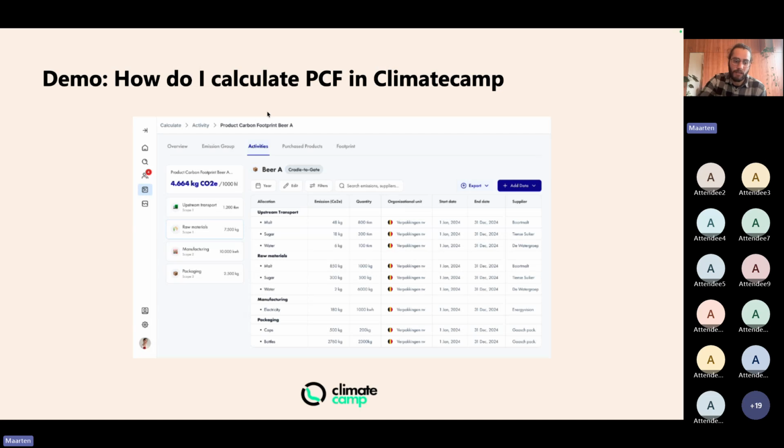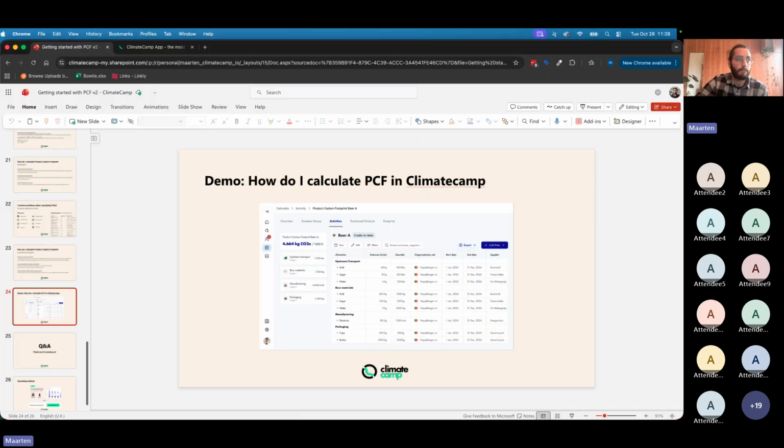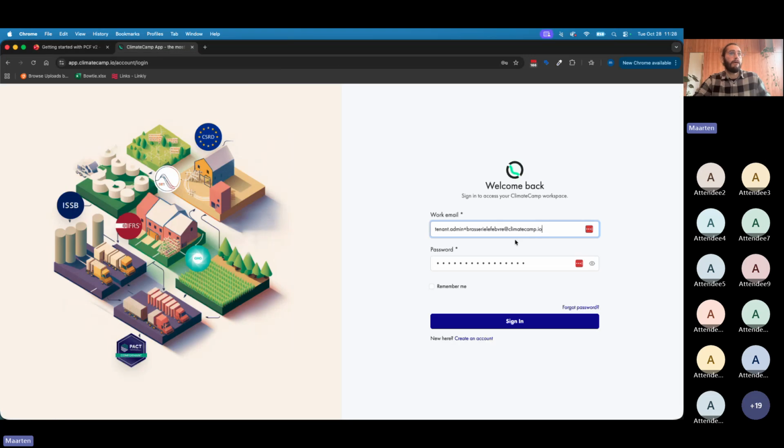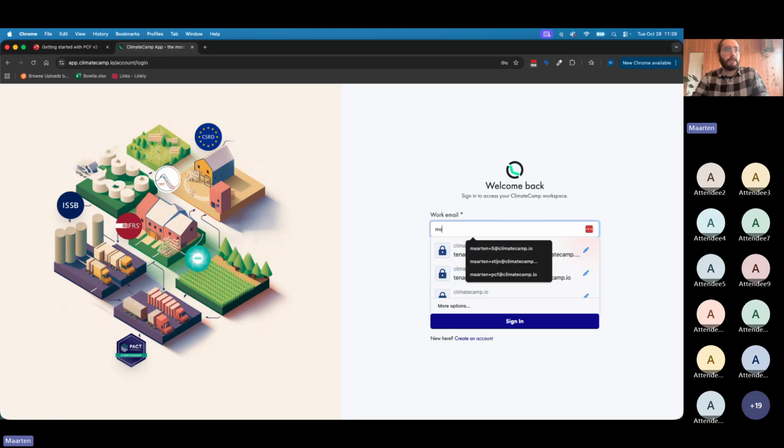Now, let's go to ClimateCamp and how we calculate product carbon footprints in our platform. Now, I first need to log in.